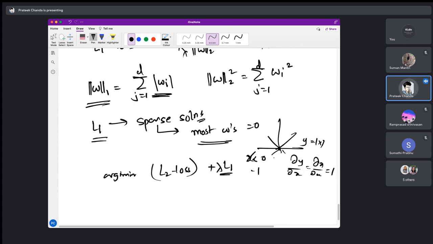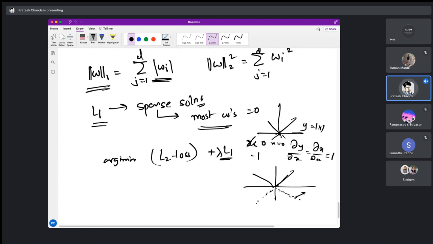And for x equal to 0, if I extend these lines, this line is a gradient to this line, and this line is a gradient to this line.